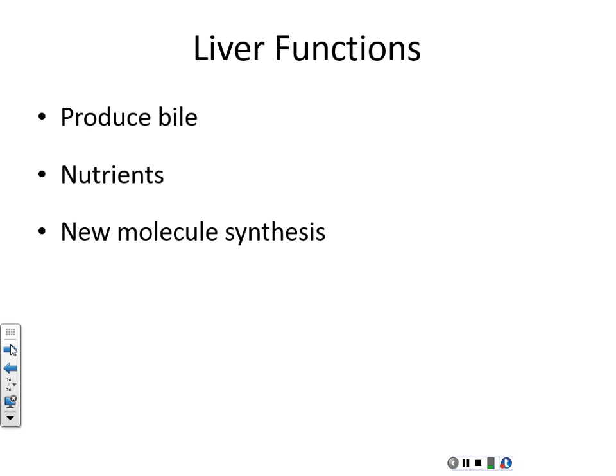Okay, so the liver produces bile, and then the gallbladder merely stores it, but it's produced in the liver. And then nutrients. It deals with nutrients. It makes new molecules. All the glycogen is stored up in there. When glucagon is released, it converts it into glucose. And then it can convert glucose to glycogen. It converts amino acids and proteins to glucose.